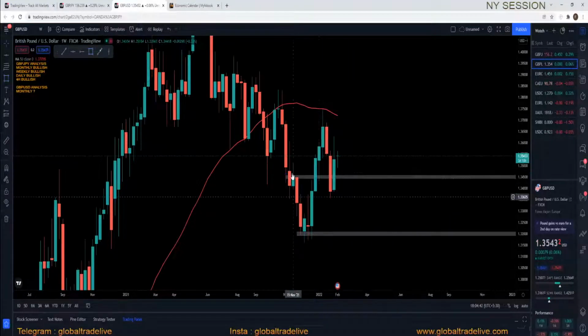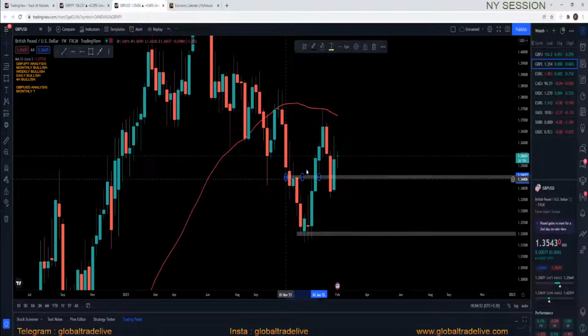this was our resistance area. So when the market was moving up, this was our resistance. The market broke above that resistance, and by going up it created a high. It created a high over here, then it reversed back down.